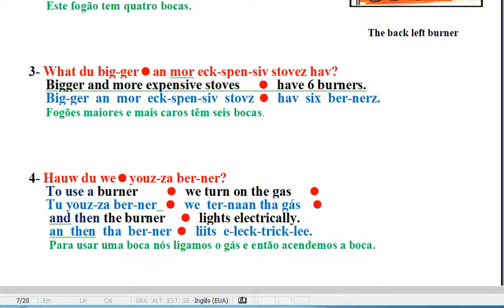What do bigger and more expensive stoves have? Bigger and more expensive stoves have 6 burners.